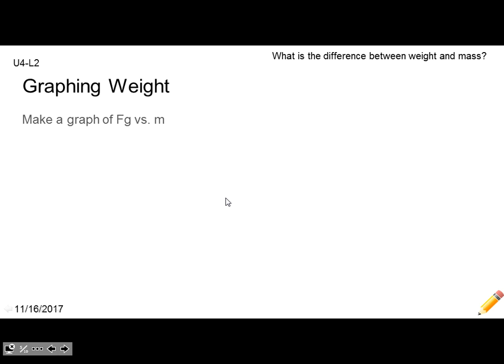Fg on the y-axis, M on the x. All right, and once you've made the graph, I want you to think about what the slope of that graph might represent.